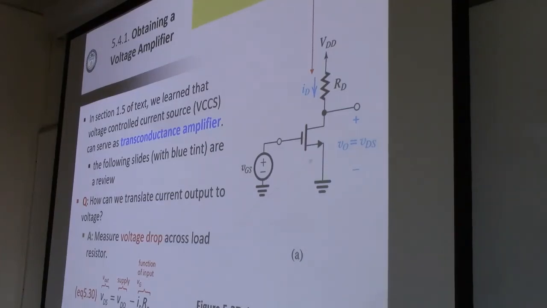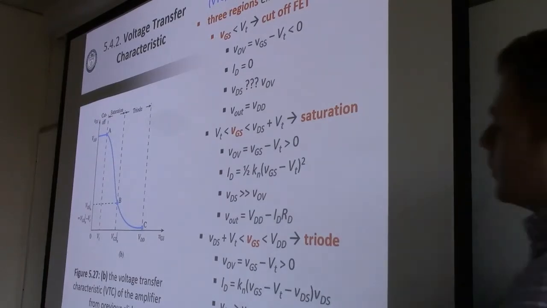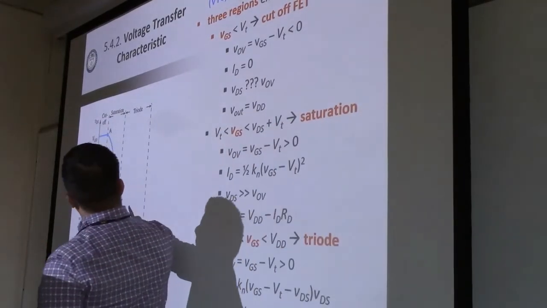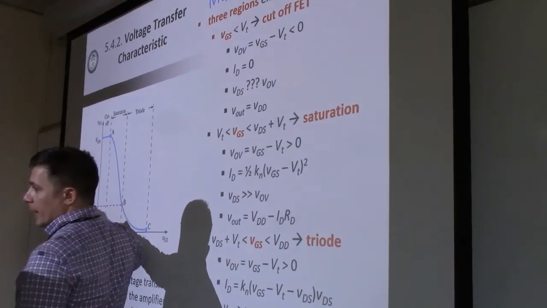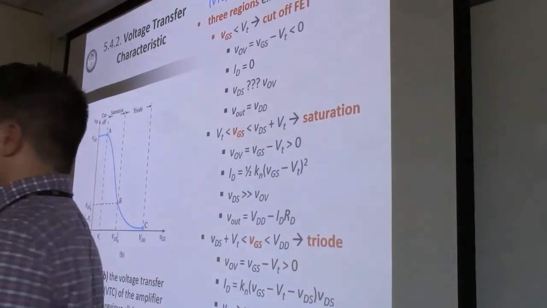What happens right here, eventually VDS will get smaller, it'll get smaller, it'll get smaller, and it will reach the point of being equal to VOV, right? Yes? Why is VDS dropping?